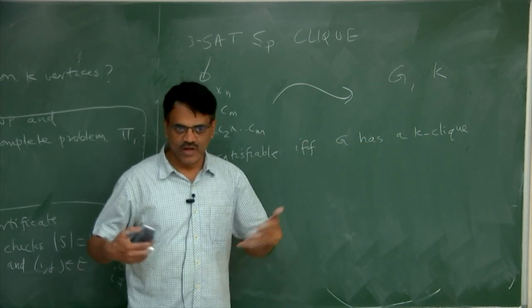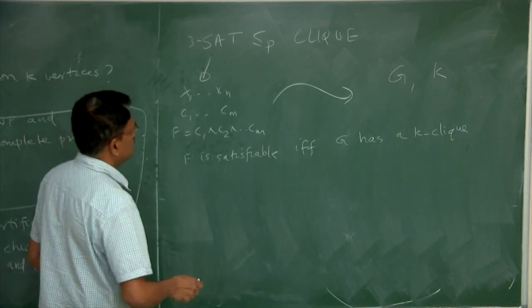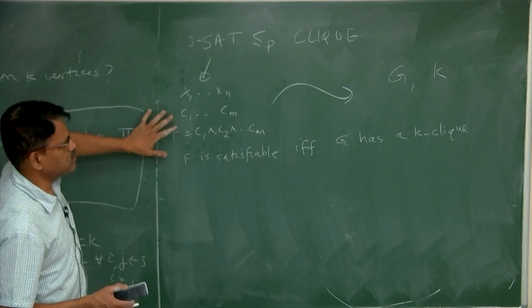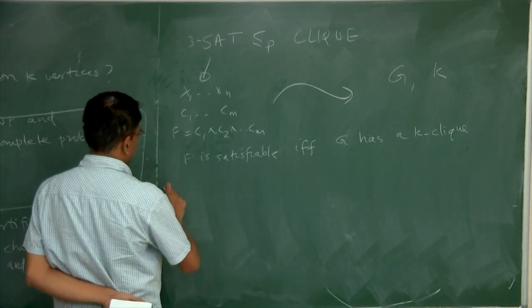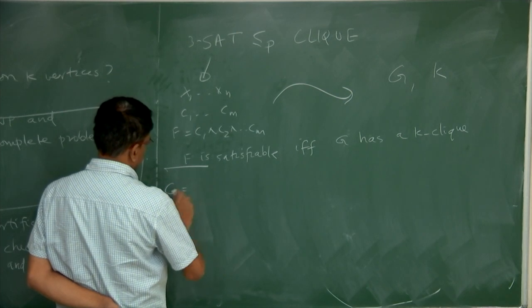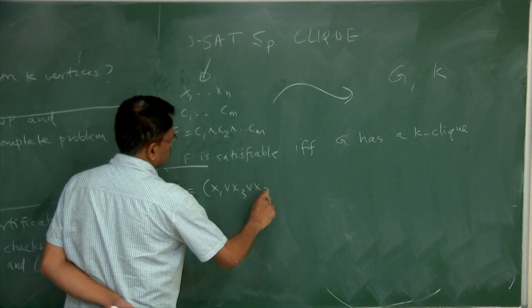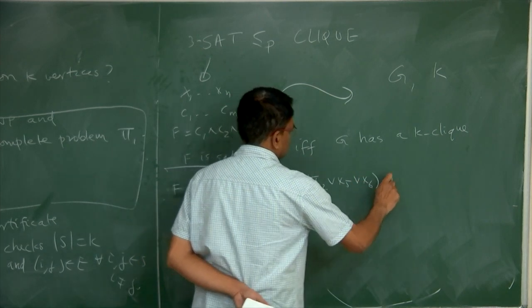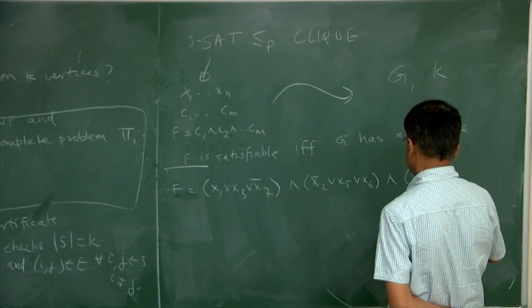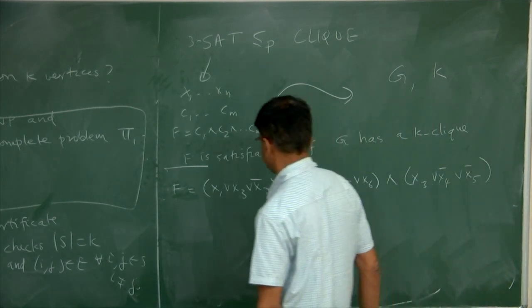So I am just sort of talking about how I would construct the graph. What is my graph? Remember, you are given these variables and clauses, and I want to construct a graph. So let's do an example. My formula may be something like this.